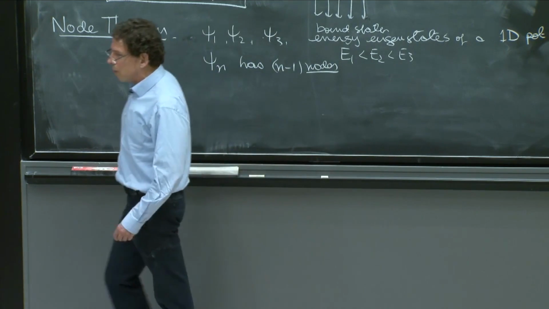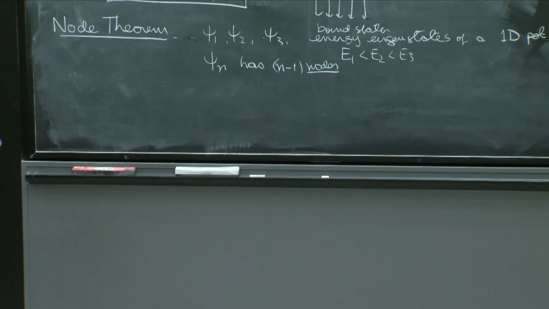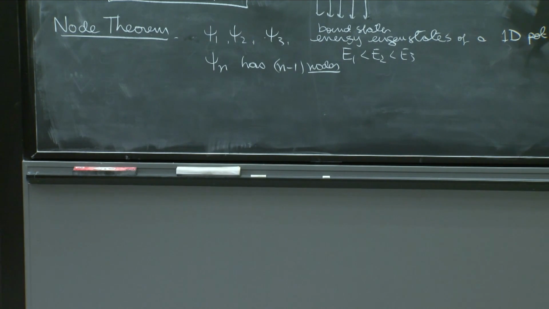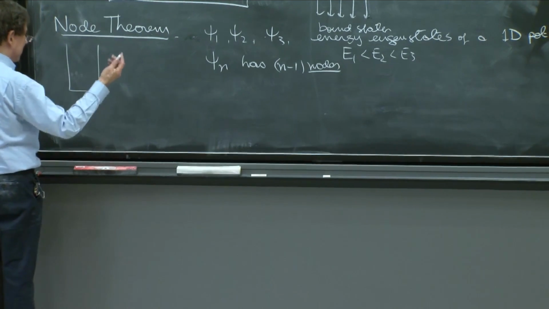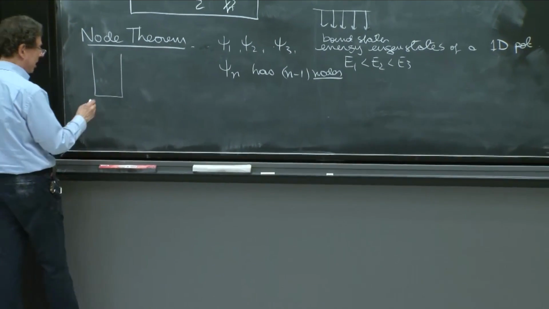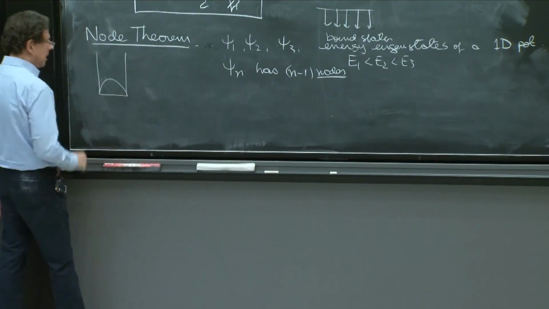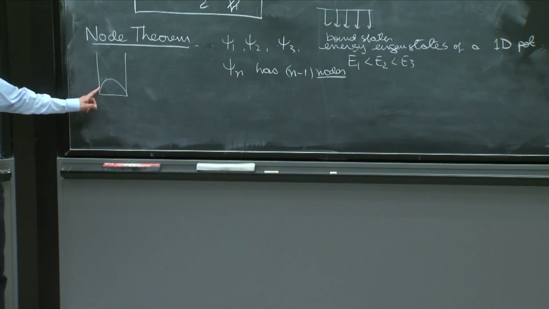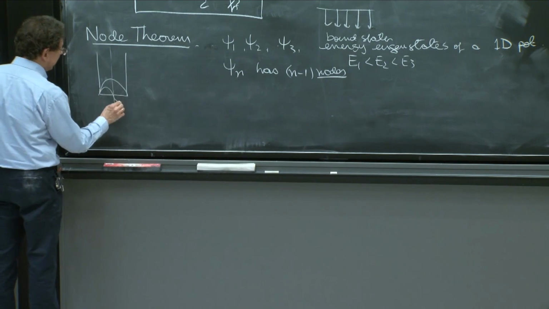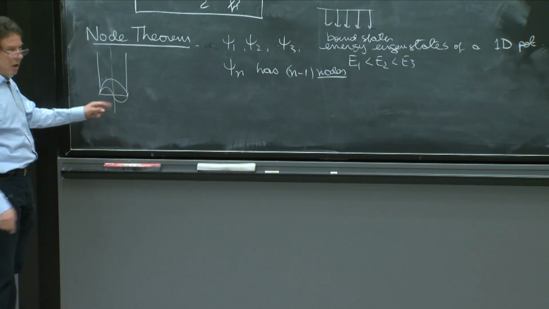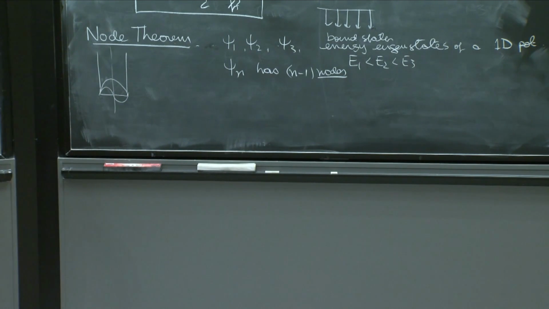Those are points where the wave function vanishes inside the range of x. So for the square well, you've proven this by calculating all the energy eigenstates. The first state is the ground state, has no nodes. The next state is the first excited state, has one node, and you can write all of them. And we saw that each one has one more node than the previous.